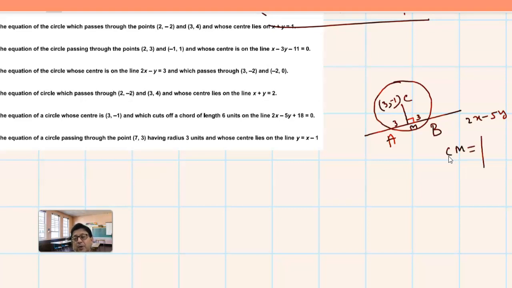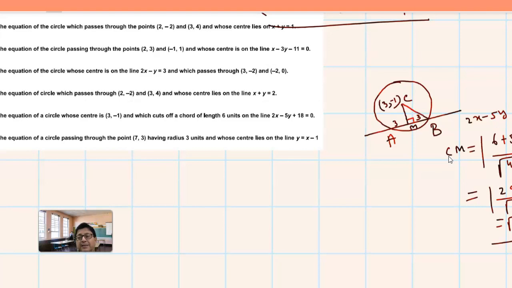CM is going to be mod of 6 plus 5 plus 18 by under root 4 plus 25. So this is 29 by under root 29. So the answer is root 29. C to M distance is root 29.